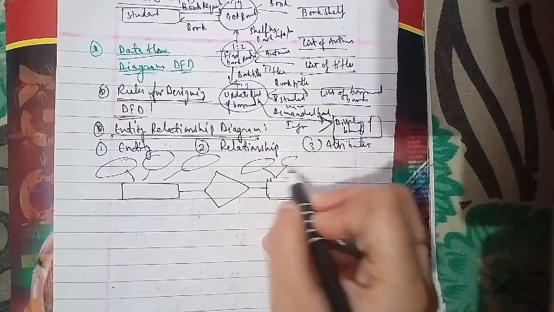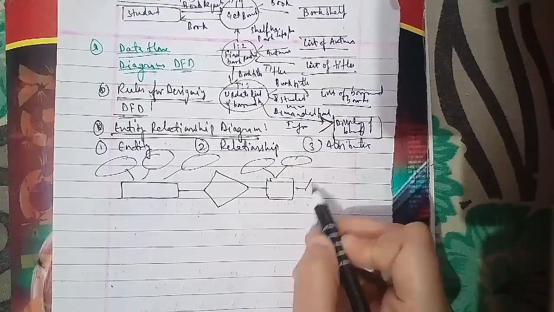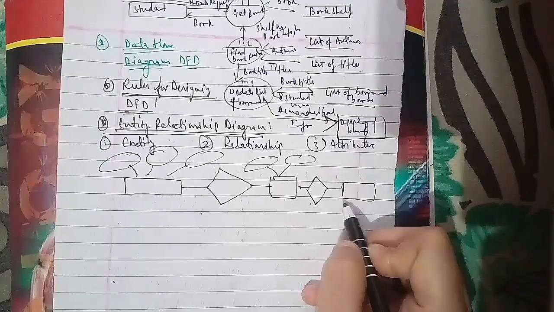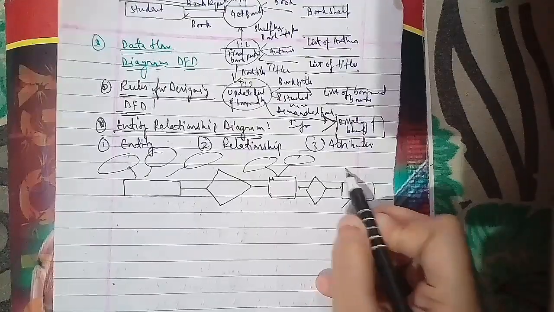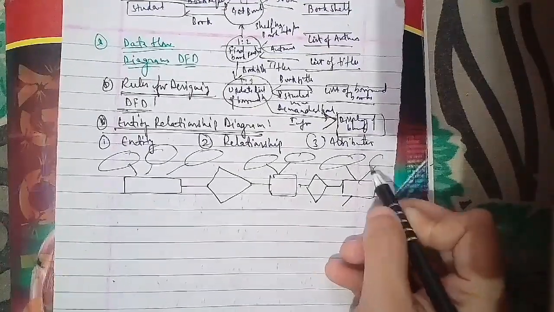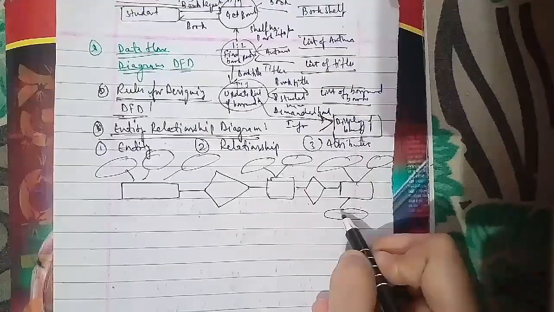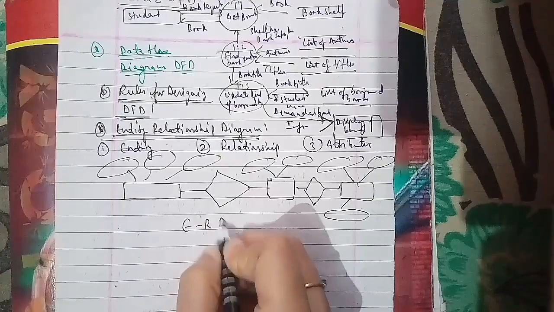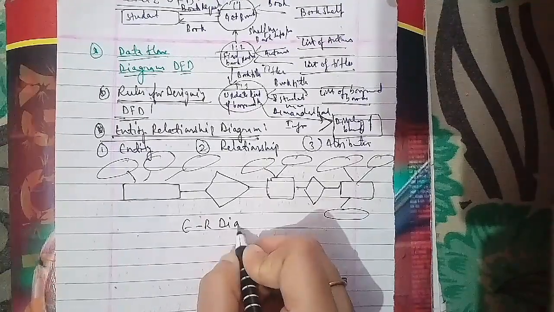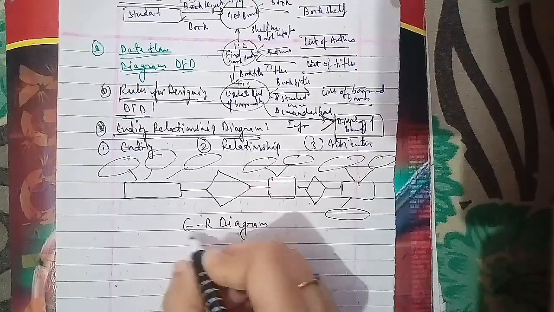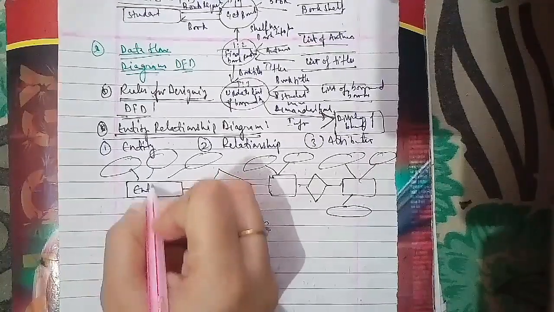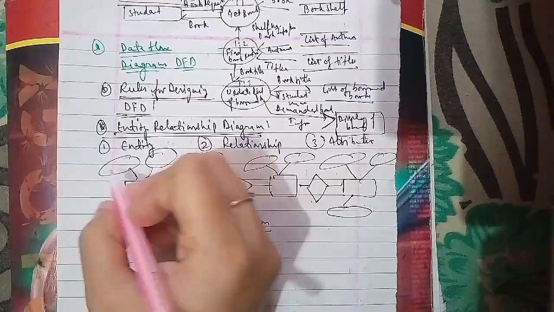We have attributes as well that are being represented. Then we have a relationship, an attribute, an entity, and it will have a relationship, an entity.